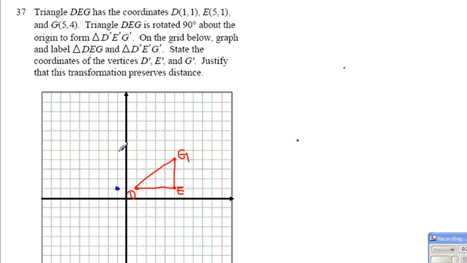We end up getting -1 comma 5. So -1 comma 1 right here. And then the other one is -4 comma 5. That's G prime, E prime, and D prime.